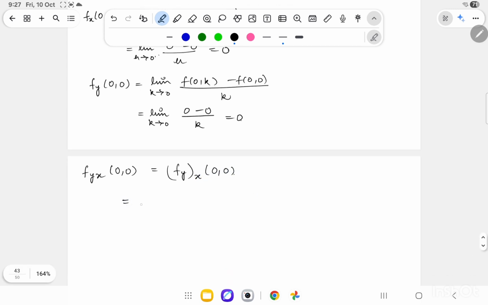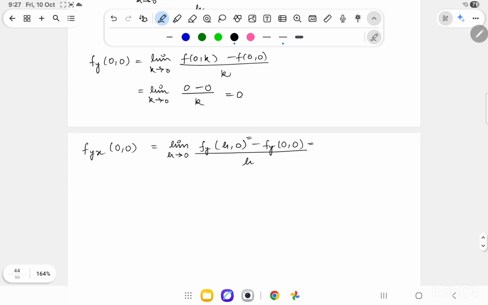It will be equal to the limit as h approaches 0 of [f_y(h,0) minus f_y(0,0)] divided by h. Now we have this value, f_y(0,0), but we need to find this other value, so let's find that first.